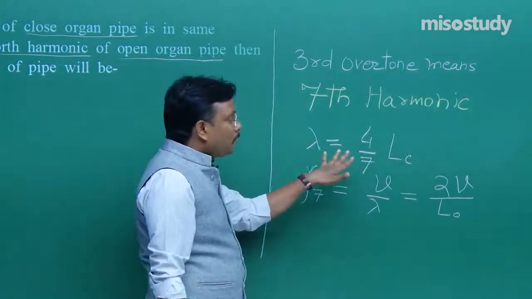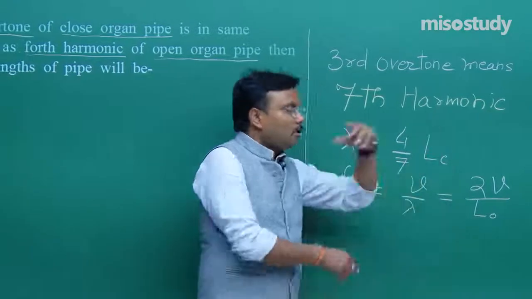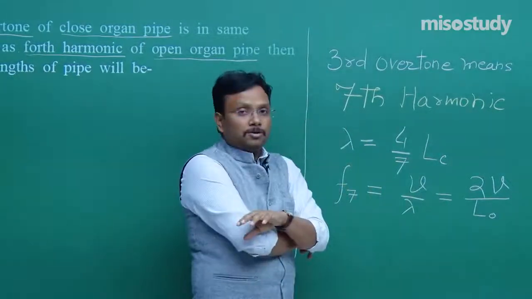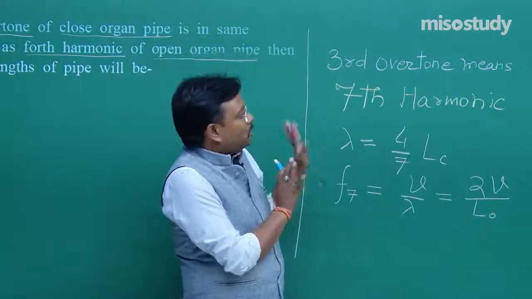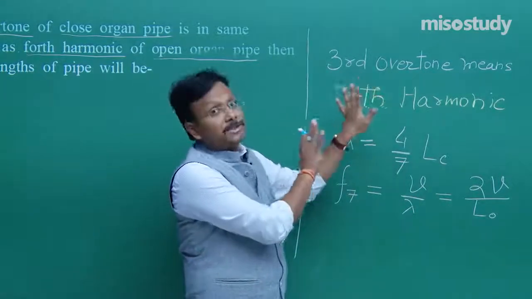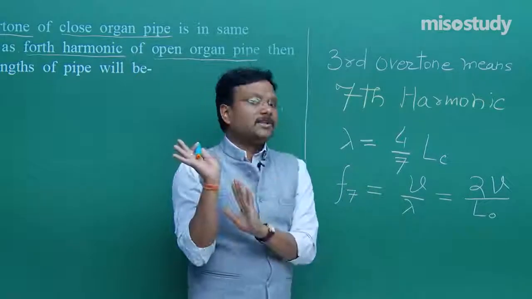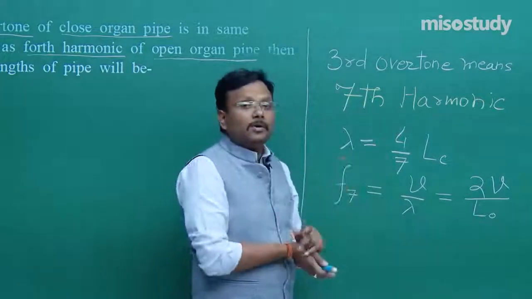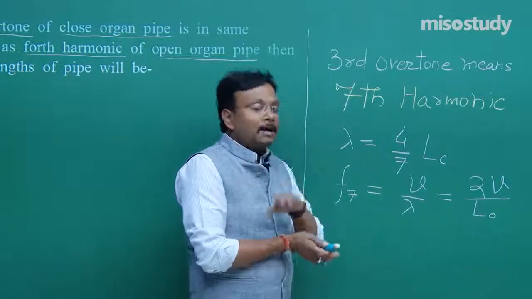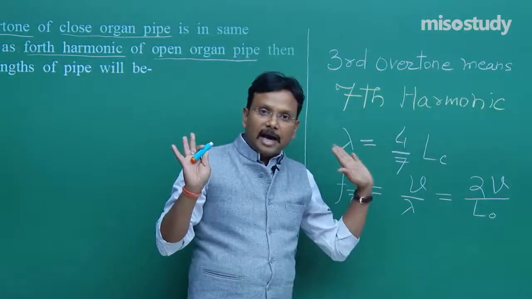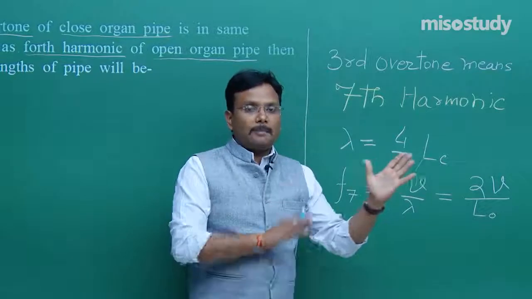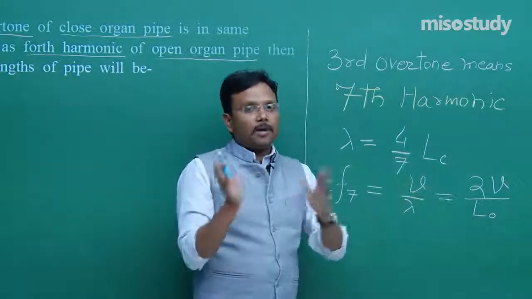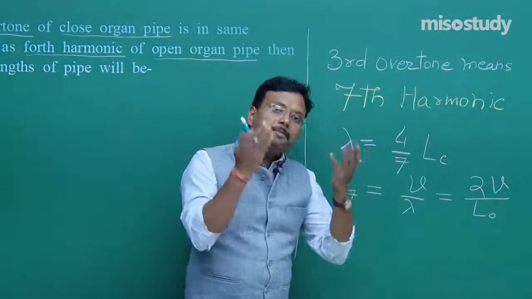Now few of you may say, sir, why are we not providing the entire solution? Calculation, I said you can do. My point is only to introduce that this is something which is important. One more question is here. After watching this entire video, try to pick some questions from here and there based upon open organ pipe, closed organ pipe, harmonics and overtones. Try to solve them yourself.